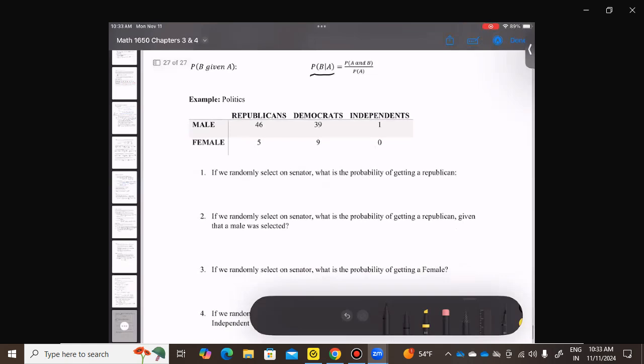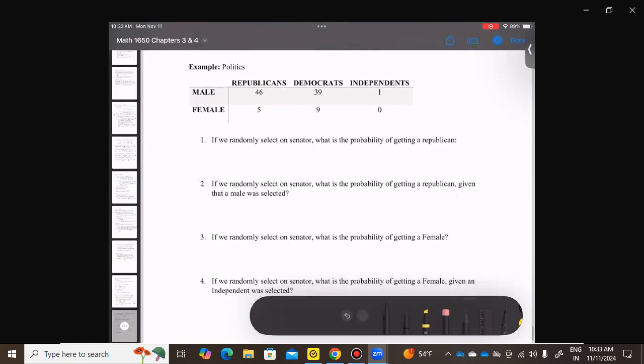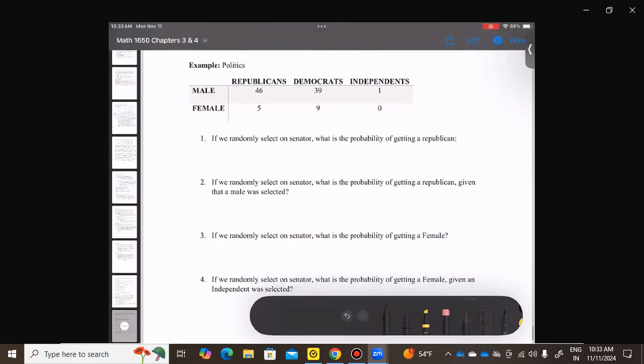We'll start out with some of these that are just going to show the difference between finding the probability of a regular event and finding it given some more information. So if we want to randomly select one senator, what is the probability of getting a Republican based on the data we have there?